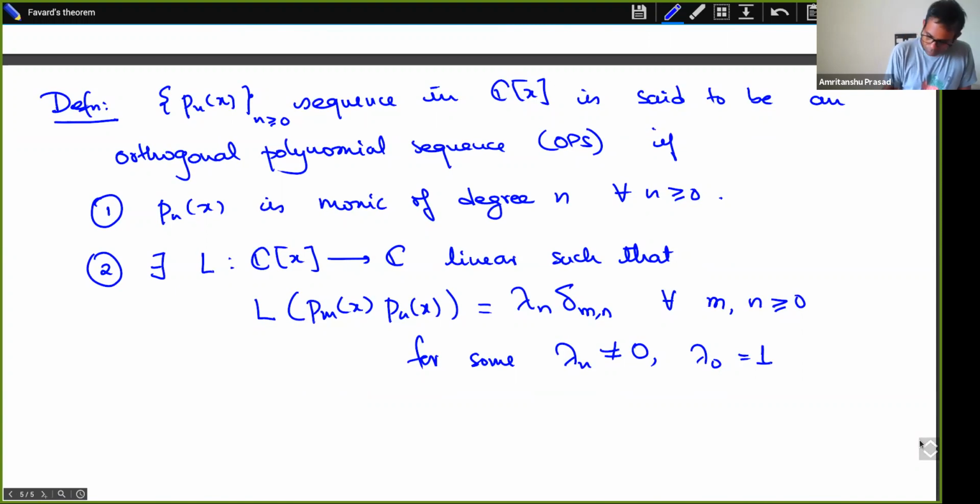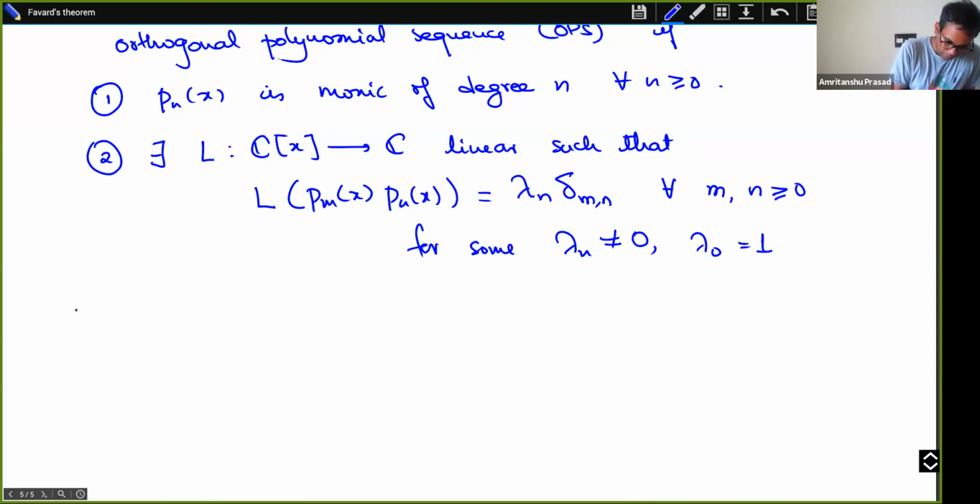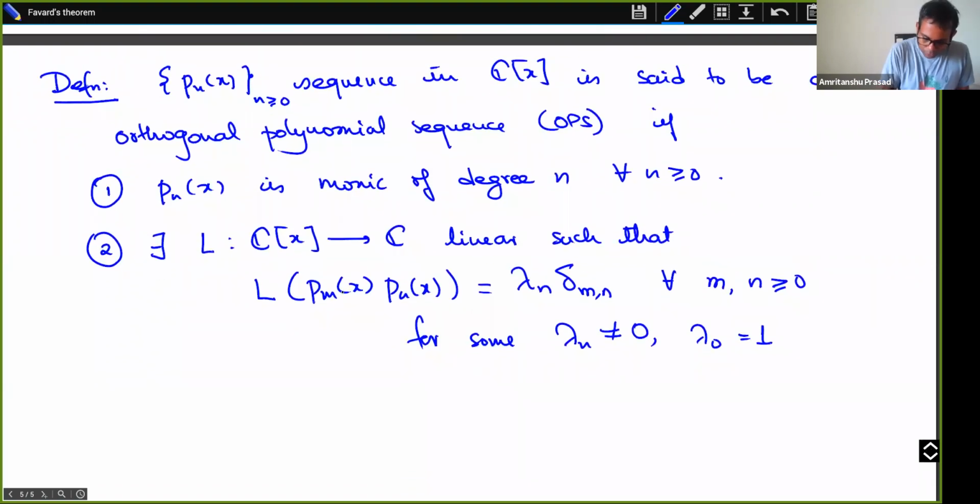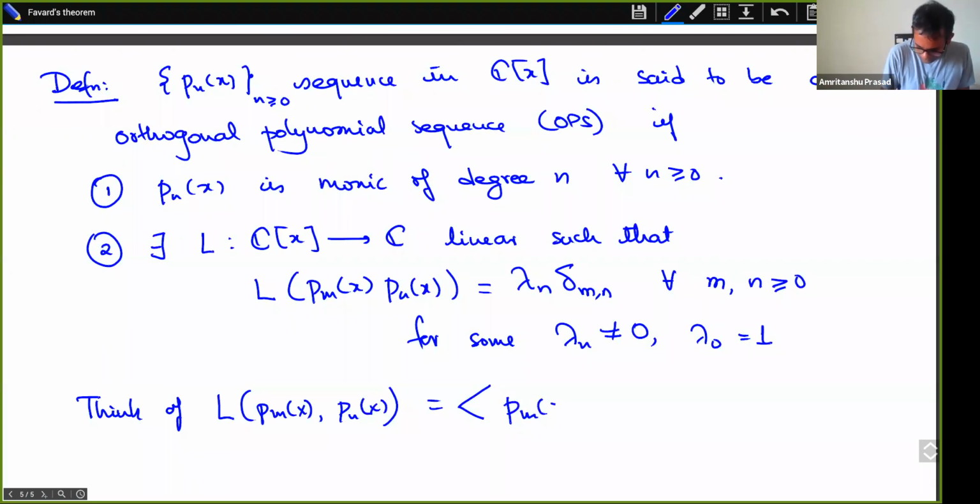So before we go to that proof, let me just prove a small lemma. You can think of this as an inner product, but it's really just a bilinear form. There's no positivity.